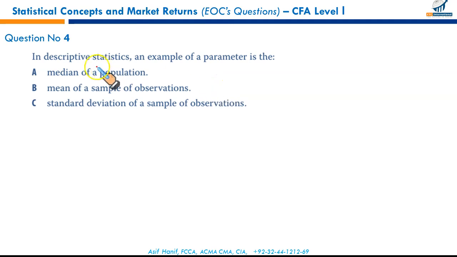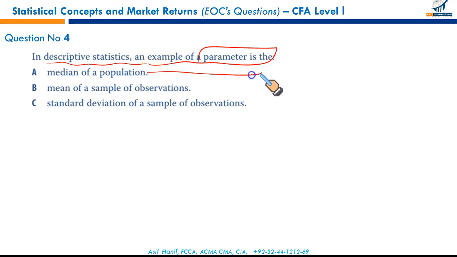In descriptive statistics, what is descriptive statistics? A measure used to describe the characteristics of the population. Descriptive statistics is a method or measure used to describe a particular characteristic of population. So in descriptive statistics, an example of parameter represents the whole population.